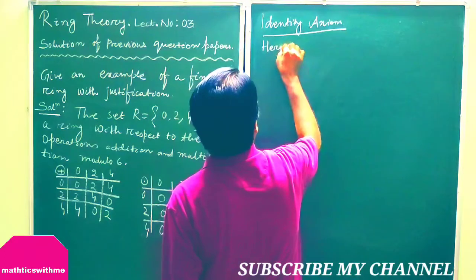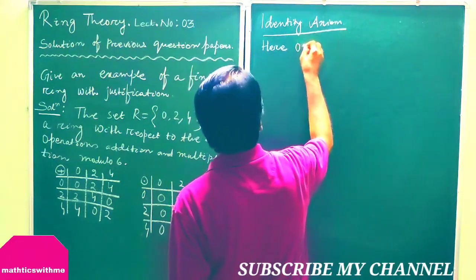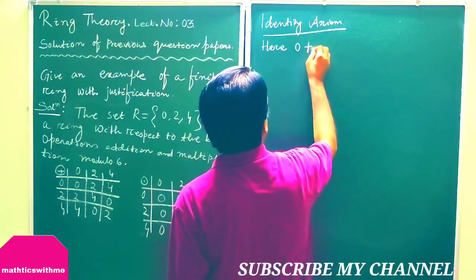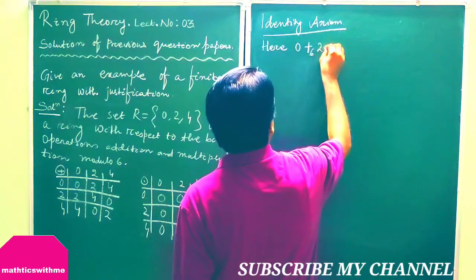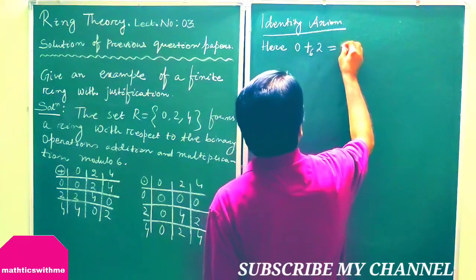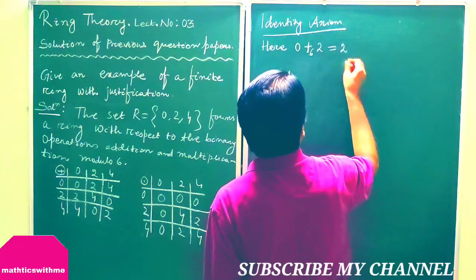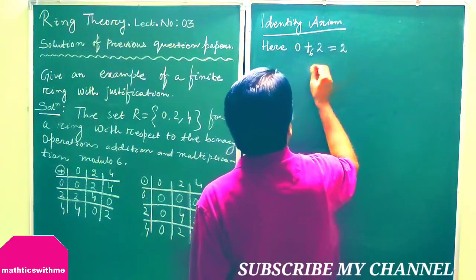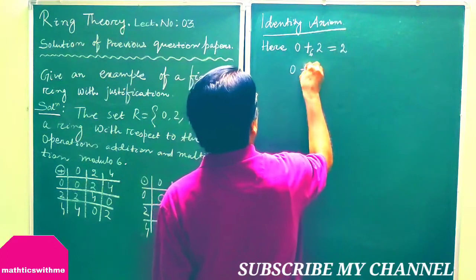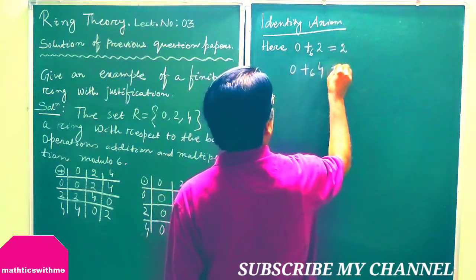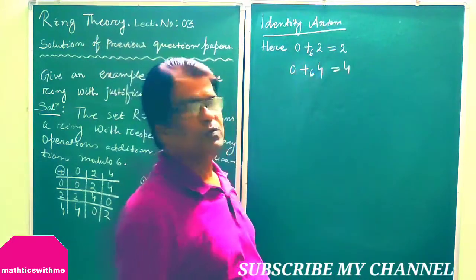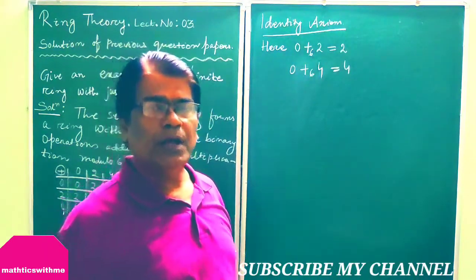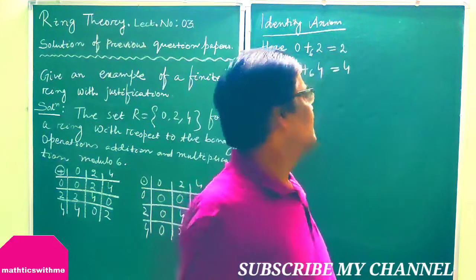Here 0 plus 2 is equal to 2. 0 plus 4 is equal to 4. 0 plus 2 is equal to 2 under addition modulo 6.